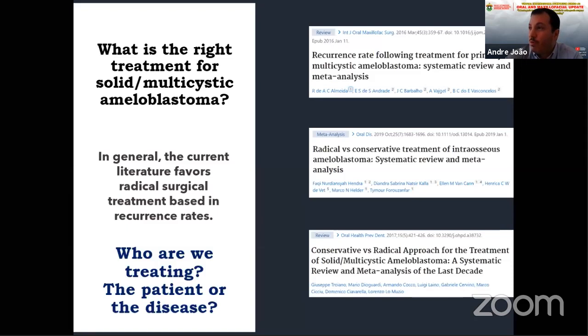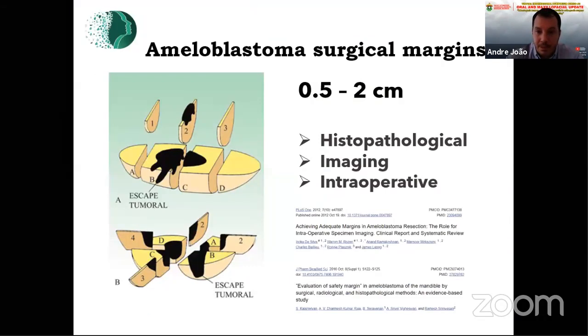The tumor? Should we treat all ameloblastoma in the same way, or can we adapt it to the patient that we are seeing and the condition? For me, in my current condition, I don't have a microvascular surgeon with me. So if I resect it, at the maximum I can put a reconstruction plate and leave the patient like this.